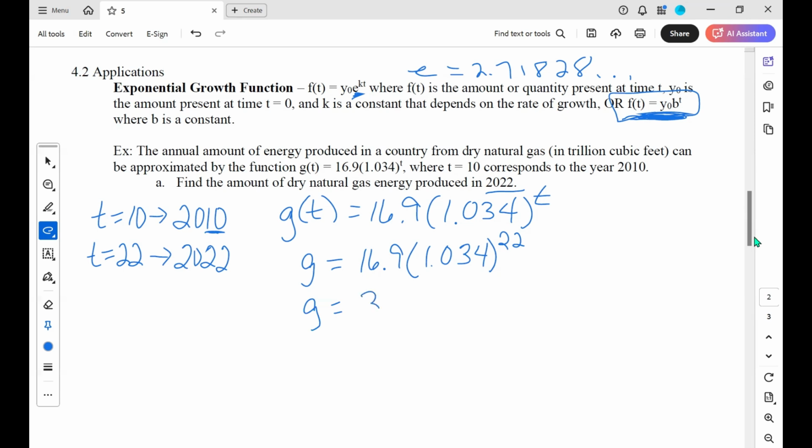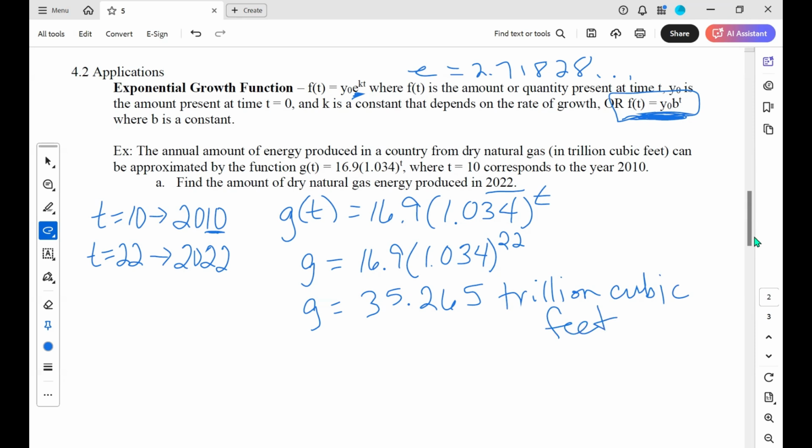All right, so this is going to be 35.265. Go 3 decimal places for me. I don't know what my MyMathLab is. Okay, so it's 35.265 trillion cubic feet.